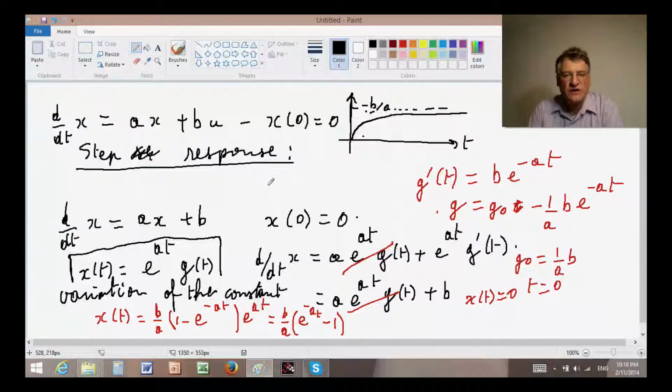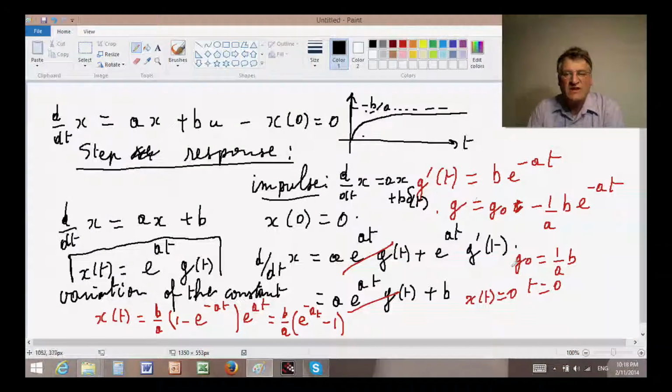Now, if we look at the impulse response, it's about the same. The effect of an impulse is to look at the response of the system d/dt of x equal to ax plus b times delta of t.